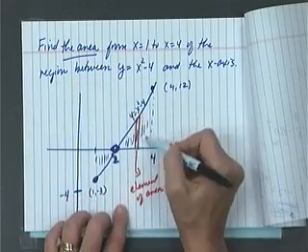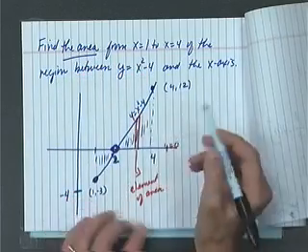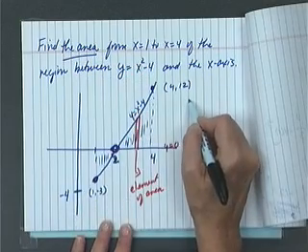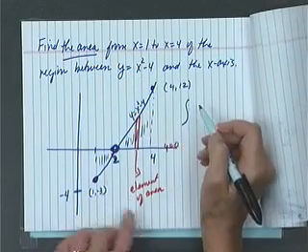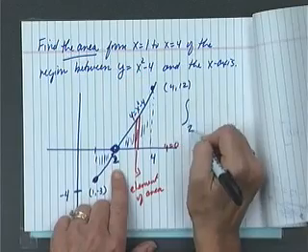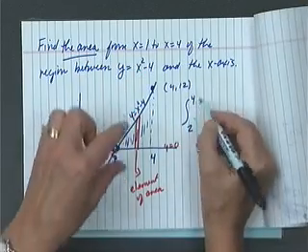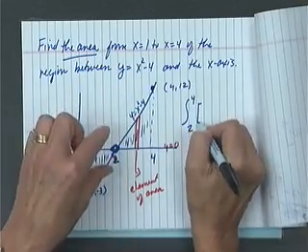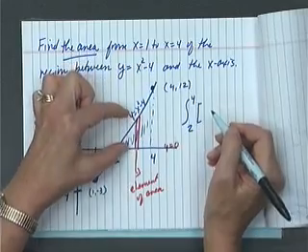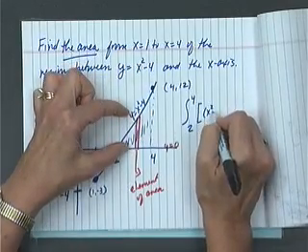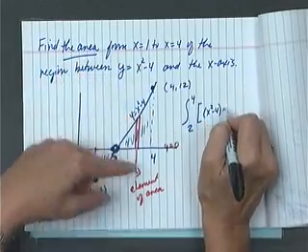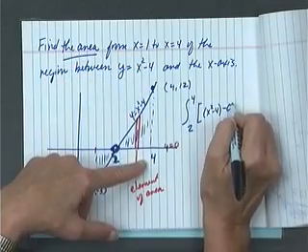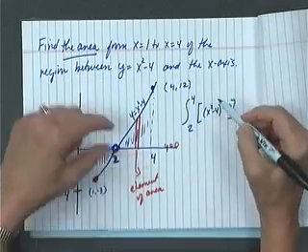All right, so how are we going to find this little area right here, everybody? You're going to integrate from 2 to 4. And how do I represent the height of my curve? X squared minus 4. I'm just going to put this step in, but a lot of people just leave it out.